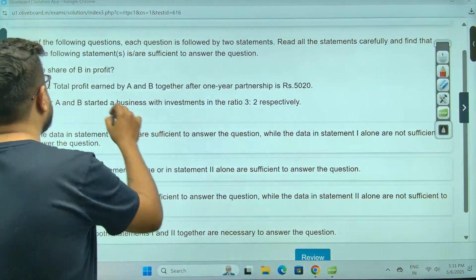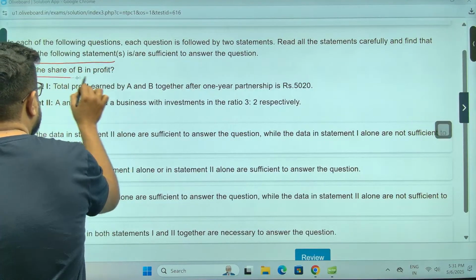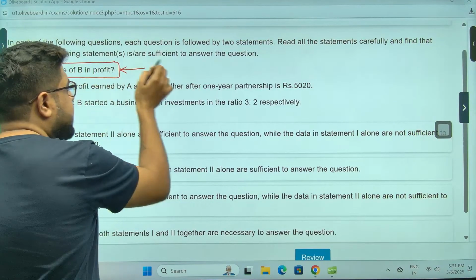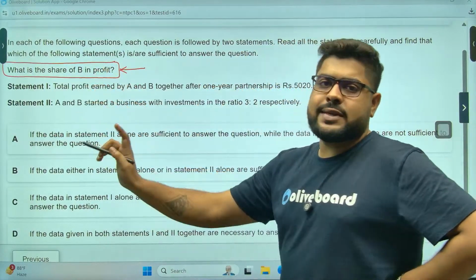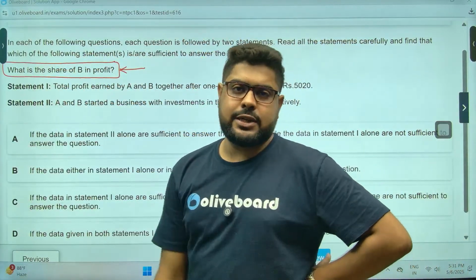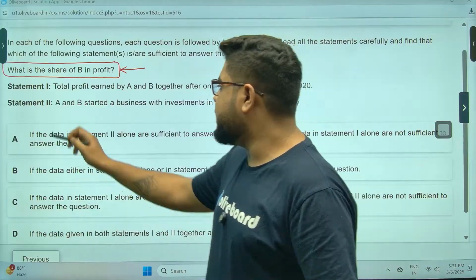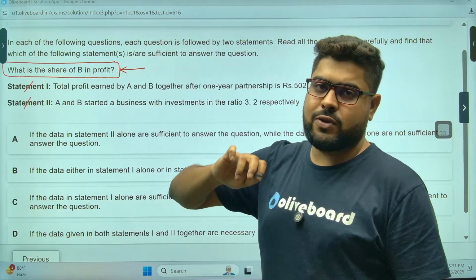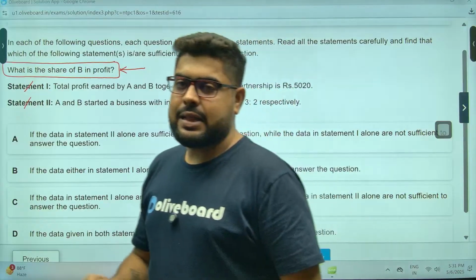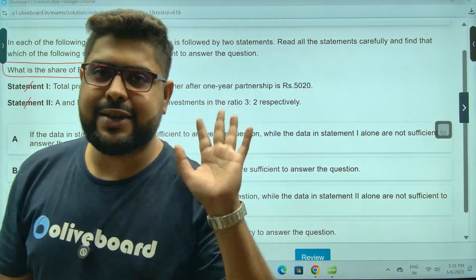They are asking, what is the share of B in profit? You don't need to figure out what the share is. You just need to figure out whether using these statements we can answer the question or not. They are not asking what's the answer. They are asking whether you can answer or not.